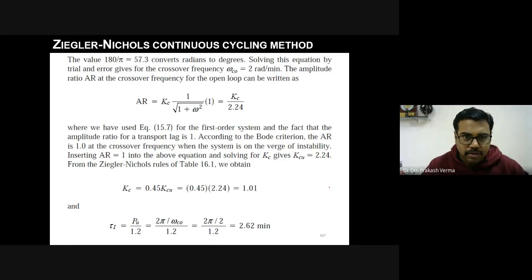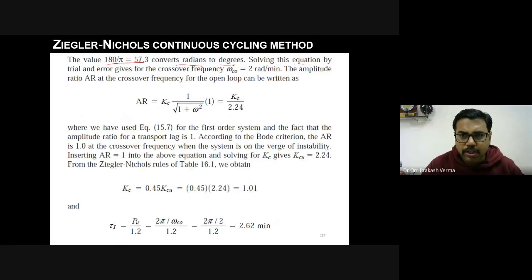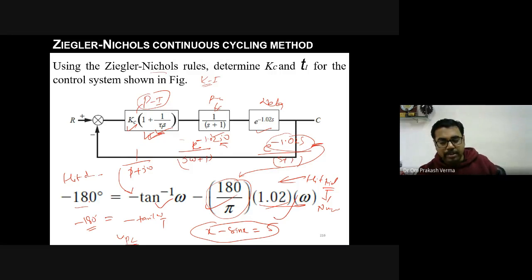ठीक है, उसकी value से आप radian to degree calculate कर सकते हैं, solving this equation by the hit and trial method, and calculate the value of omega. और कोई मेथड है नहीं इसको solve करने का, only this method is the hit and trial or either the numerical method. So first try omega values 0.1, 0.2, 0.3, and if you get minus 180 degrees then you are going towards the right answer, otherwise you have to change the value.